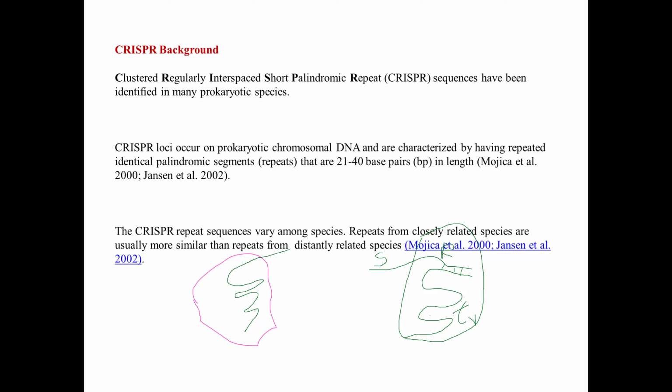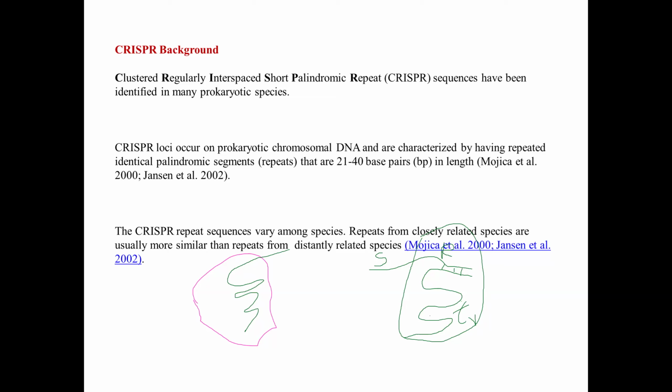So this led to the speculation that during some course of infection, some portion of the phage genome got integrated, and that now constitutes a memory. The CRISPR elements are made using that, and it can defend itself against a similar infection later.